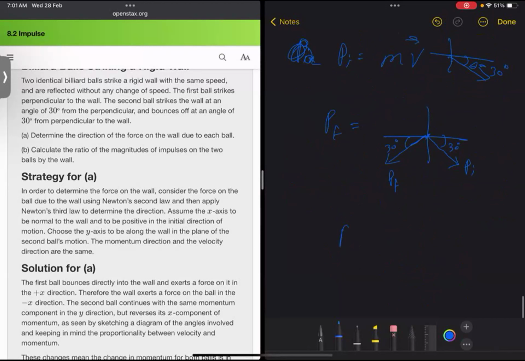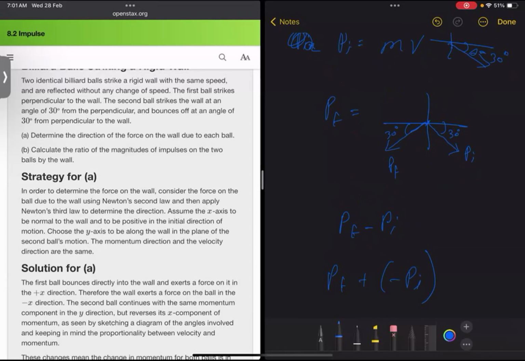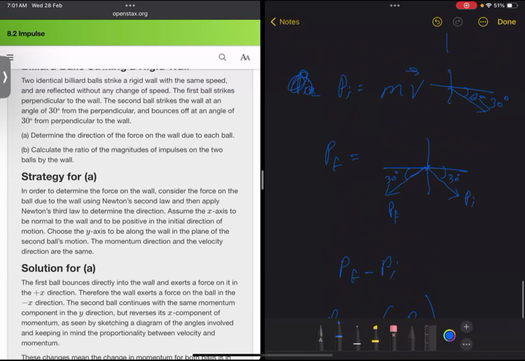Now, what is p_f minus p_i? So p_f minus p_i means you will add p_f plus negative of p_i. So what is negative of p_i? Negative of p_i is a vector like this; we extend this in this direction.